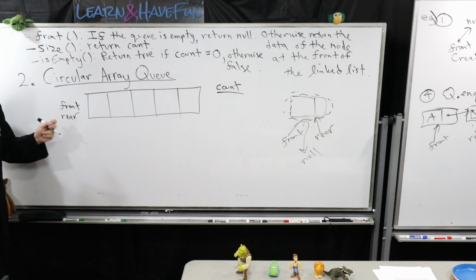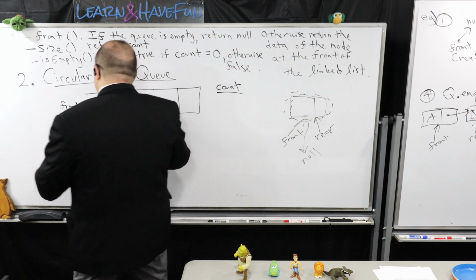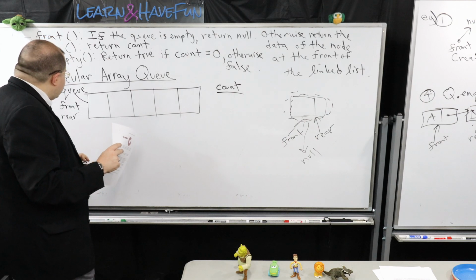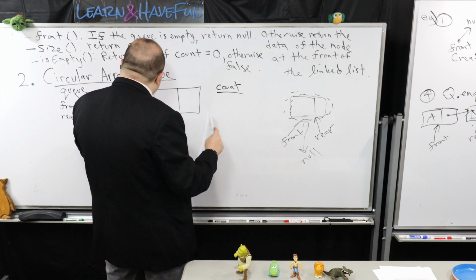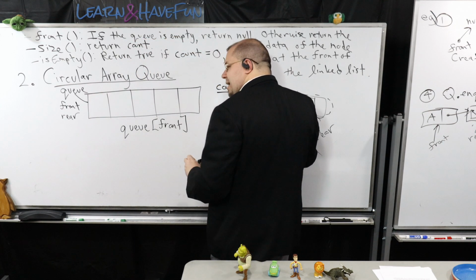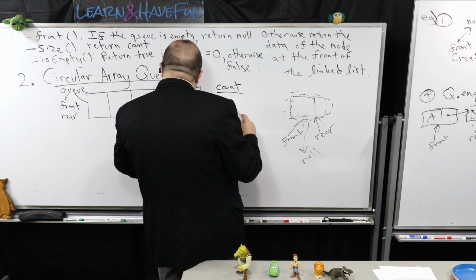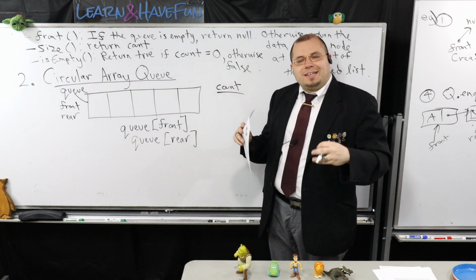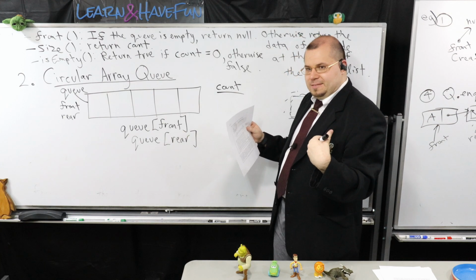If I called this array Q, and I want to know what the front element is, I would like to simply go Q sub front. And I want to be able to go Q sub rear if I want to get the element at the rear, just akin to what I did last day with my array-based stack. I would like something like this.